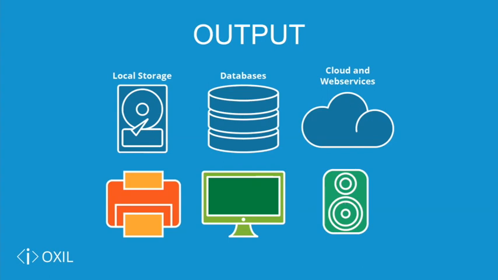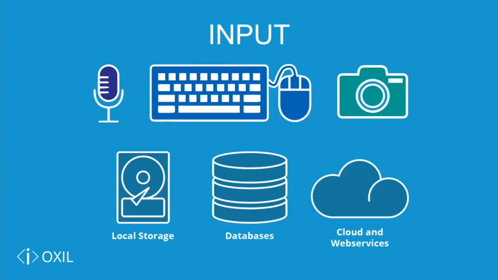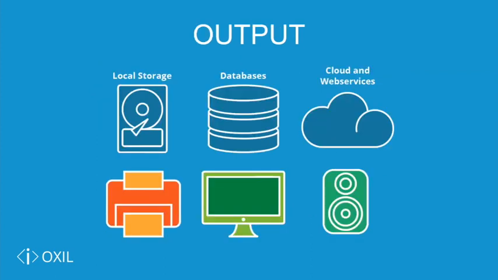Likewise, and more commonly, software would tend to produce output in the form of writing data back to a database, writing data to a disk, and for example, saving a file in Microsoft Word would result in storing some data on a disk. And again, commonly these days, writing data back out to cloud and other web services. So essentially, you can think of software fundamentally as receiving some inputs and ultimately producing some outputs.